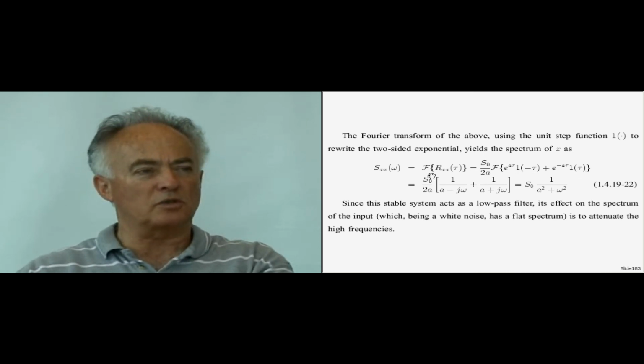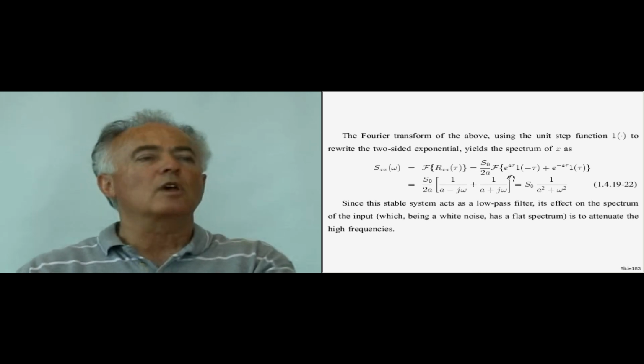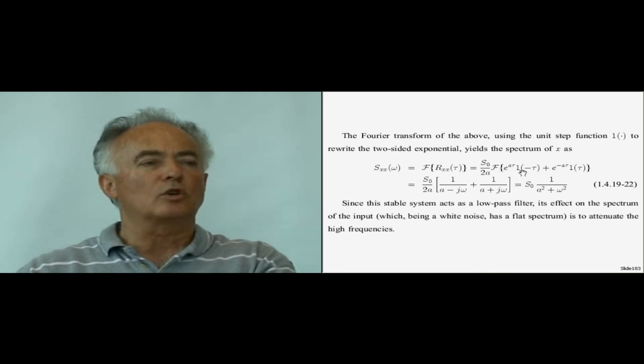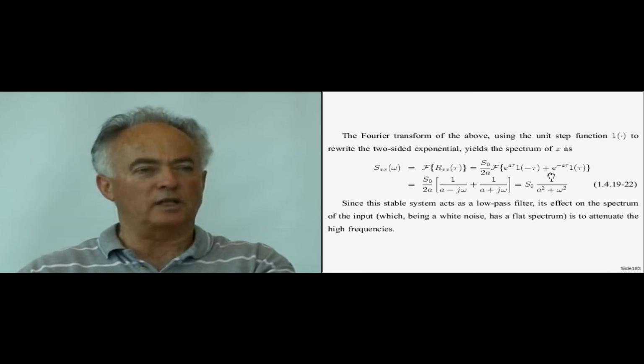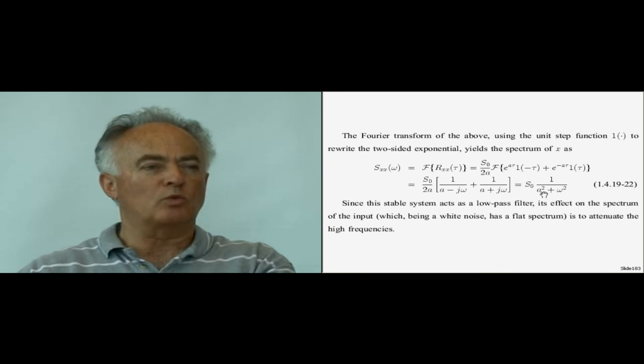So the Fourier transform, the script F of Rxx of tau, will give us Sxx omega, and again the subscript xx means autocorrelation, x with itself, and each exponential for the left hand side and for the right hand side give us 1 over a minus j omega, the other one 1 over a plus j omega. Add up the two, end up with S0 times 1 over a square plus omega square.